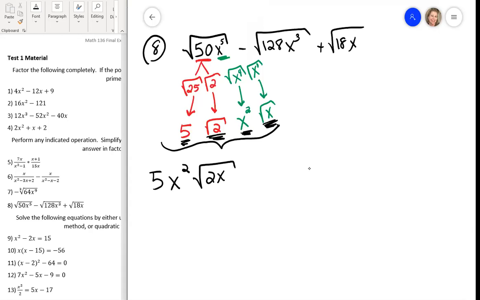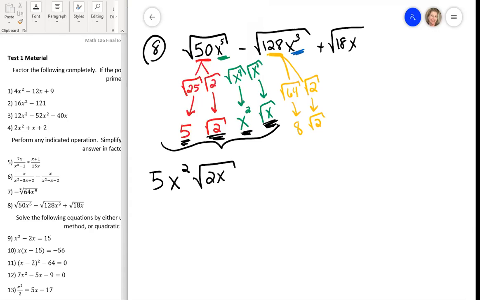And then on the next one, the 128, I broke that down to be the square root of 64 times the square root of 2. And the square root of 64 is 8. I cannot take the square root of 2, so the 2 stays under the radical.